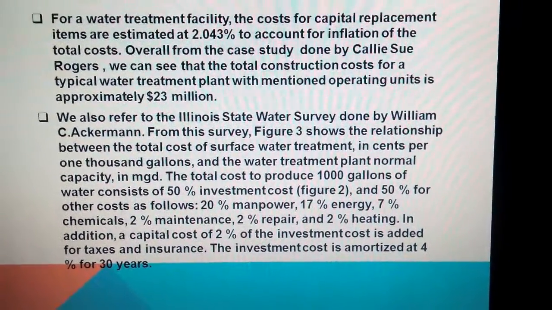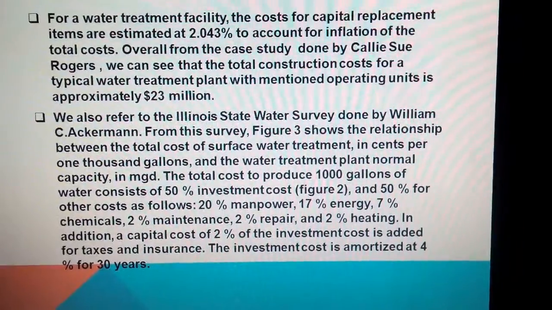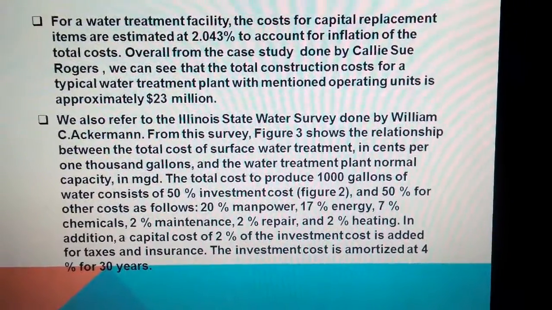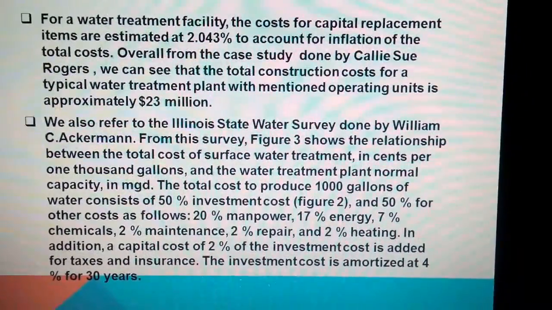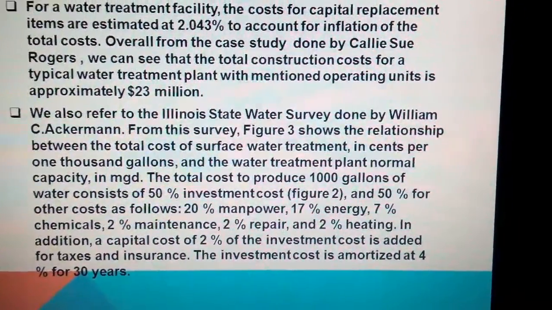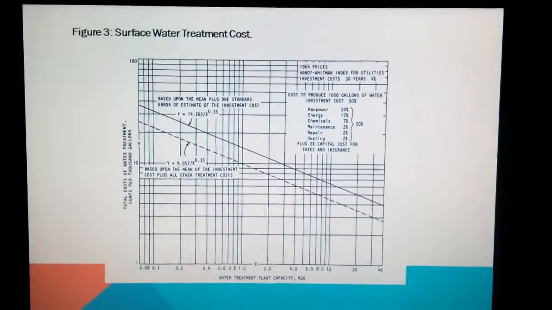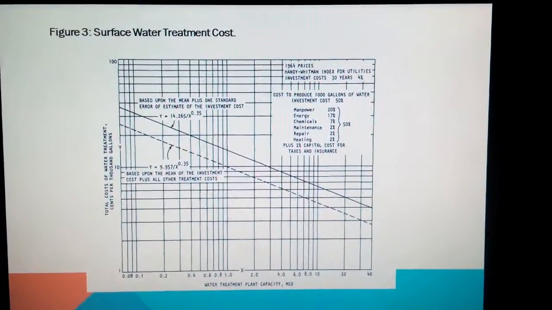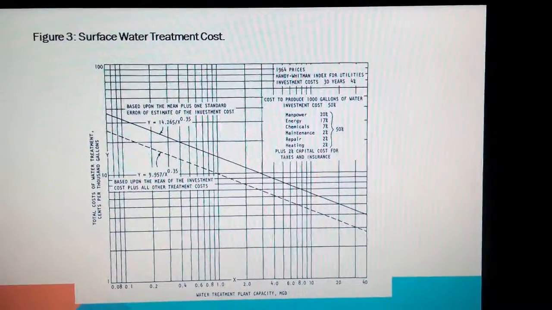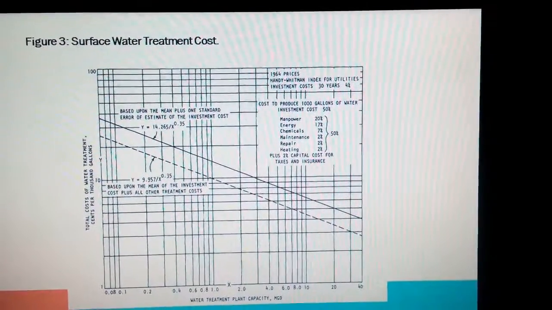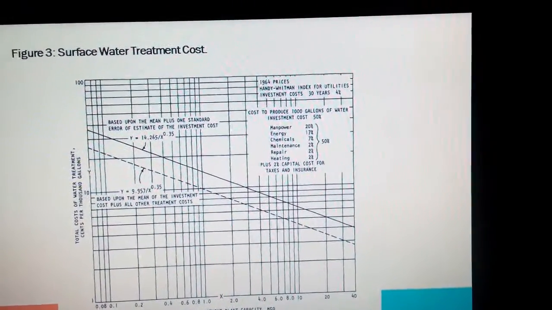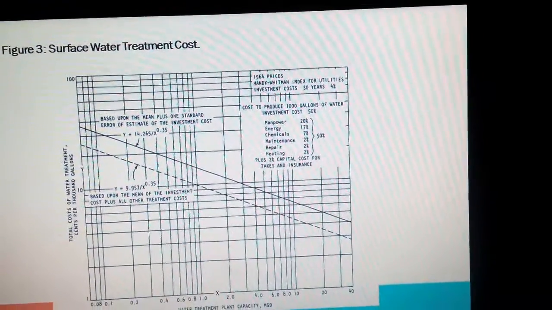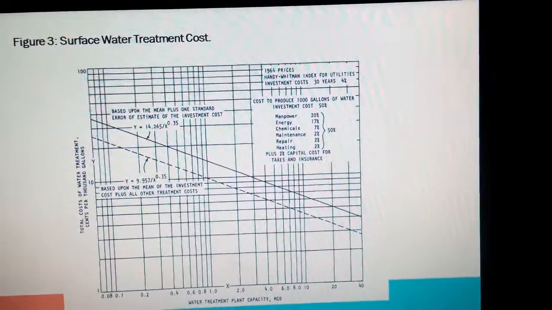We also refer to the Illinois State Water Survey done by William C. Ackerman. From this survey, Figure 3 shows the relationship between the total cost of surface water treatment in cents per 1,000 gallons and the water treatment plant normal capacity in MGD.